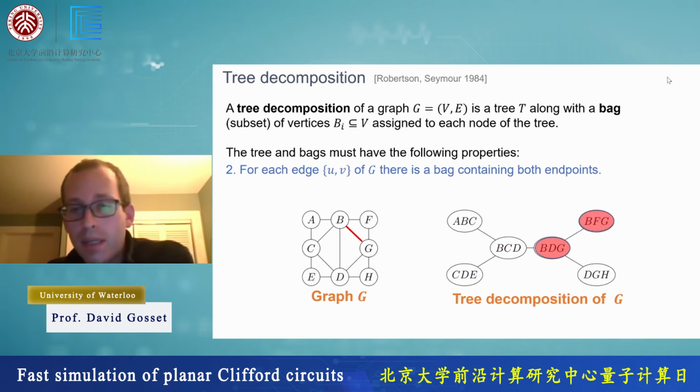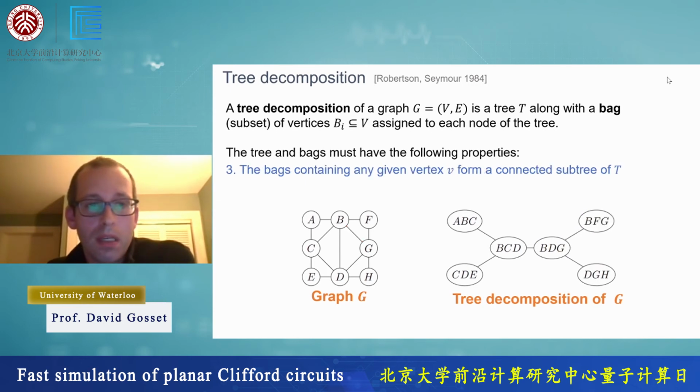And in fact, in this example, there are two such bags. Thirdly, if you look at the bags that contain any given vertex, like for example, this vertex B, they should be connected in the tree. And so here you can see that they are indeed connected. So those are the 3 properties of a tree decomposition of a graph.